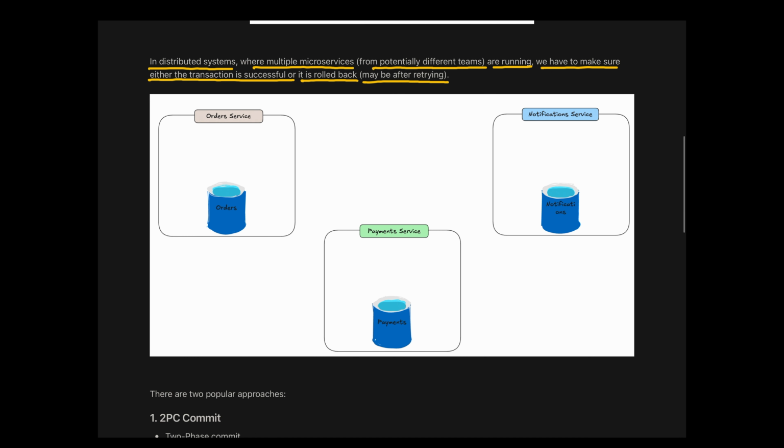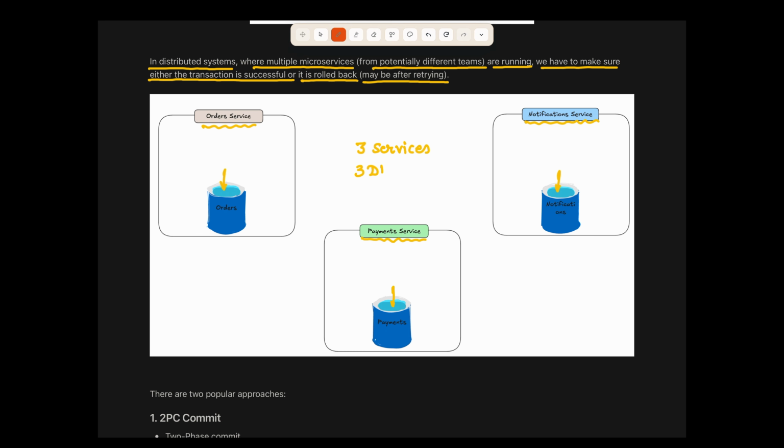For example, in the other image you see there are three services: the order service, the notification service, and the payment service. Each service has its own database, or its own tables maintained in their own databases. So here we have three services and hence three databases having three tables.